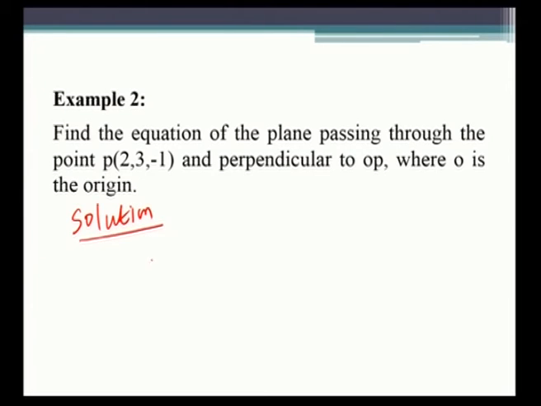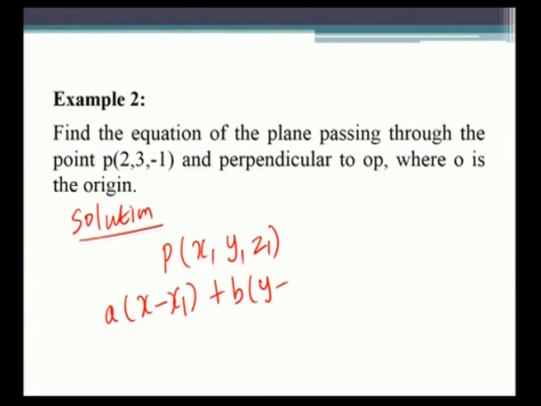First, we need to get the equation of a plane passing through the point (x1, y1, z1). So, this is the point through which the plane passes. That equation is a(x - x1) + b(y - y1) + c(z - z1) = 0. This is the general form of the equation of a plane passing through a point (x1, y1, z1).